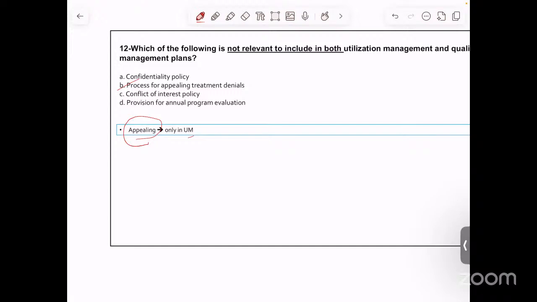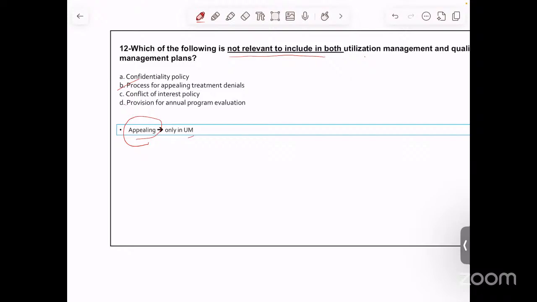Okay. So why is letter A not relevant? It is a quality plan. The question is, which of the following is not relevant to include in both? Meaning the A, confidentiality policy, conflict of interest policy, and provision are all relevant for utilization management and quality management plans.